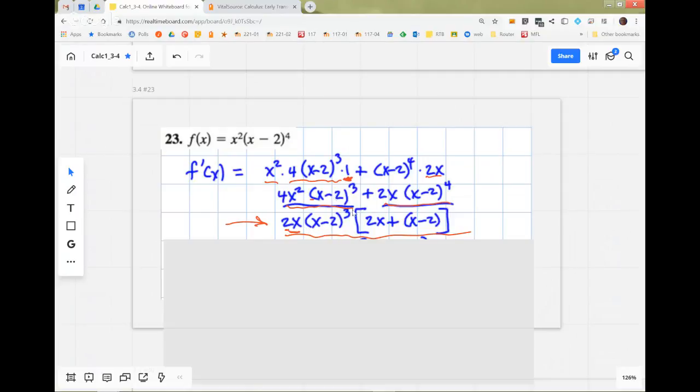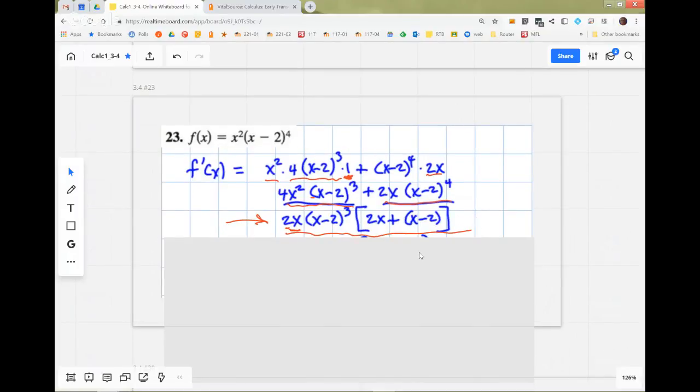What's left in this 4x squared x minus 2 cubed term? The x minus 2 cubed is all out, just a 2x, right? And for the second term, the 2x is gone completely. I just need one more. I need to take this times x minus 2. And then simplify the brackets.